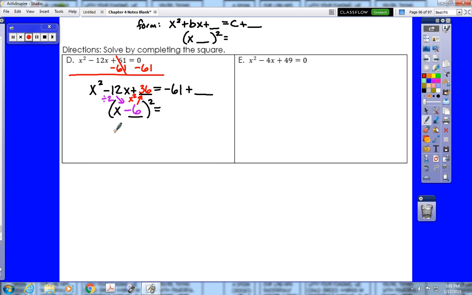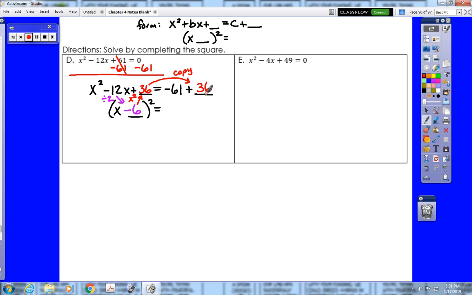Anytime we square any number, positive or negative, the result is a positive number. Negative 6 times negative 6 is positive 36. Now what we've done here is we've added 36 to the left side of the equation, so then we have to copy that 36 and add it to the right side of the equation as well.